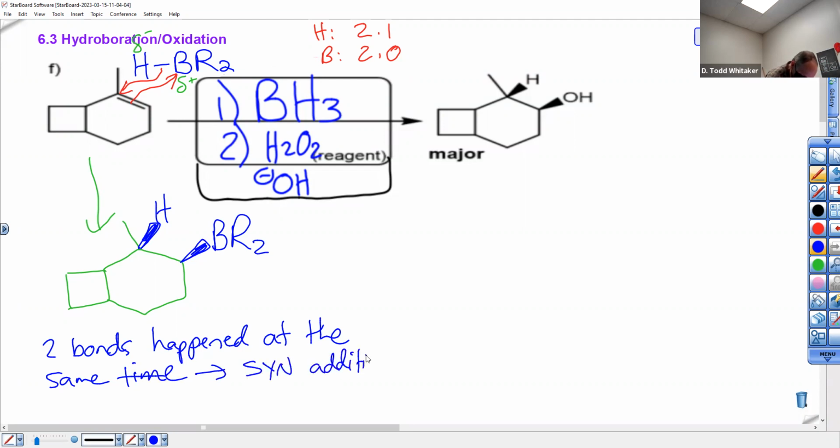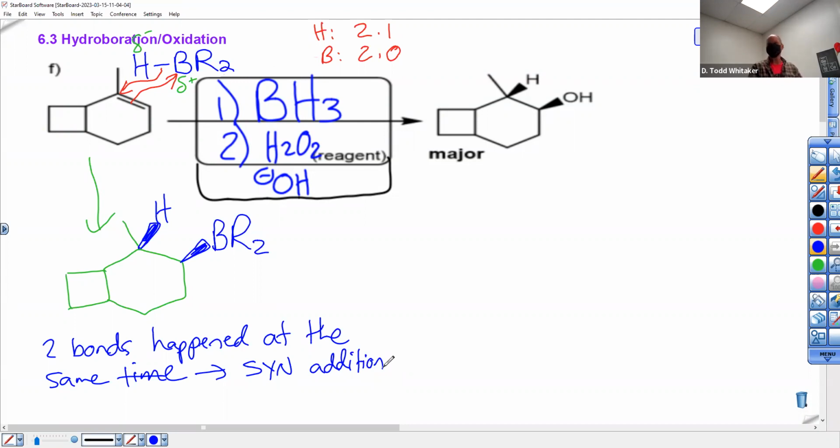What's that mean? Syn. On the same side, exactly. They're on the same side. Syncopation, kind of together in rhythm. Same width. So that's why both are wedges here, right?